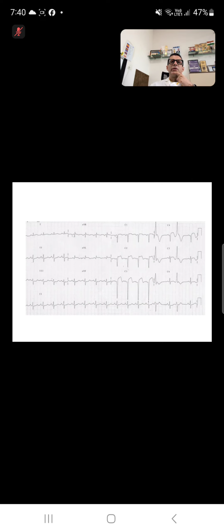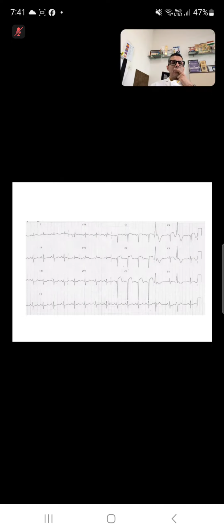If you see the width and depth, it is more than one small square. So here it's more suggestive of a left atrial overload pattern. Coming to PR interval, it is almost 120 milliseconds, sir, so it's a normal PR interval.